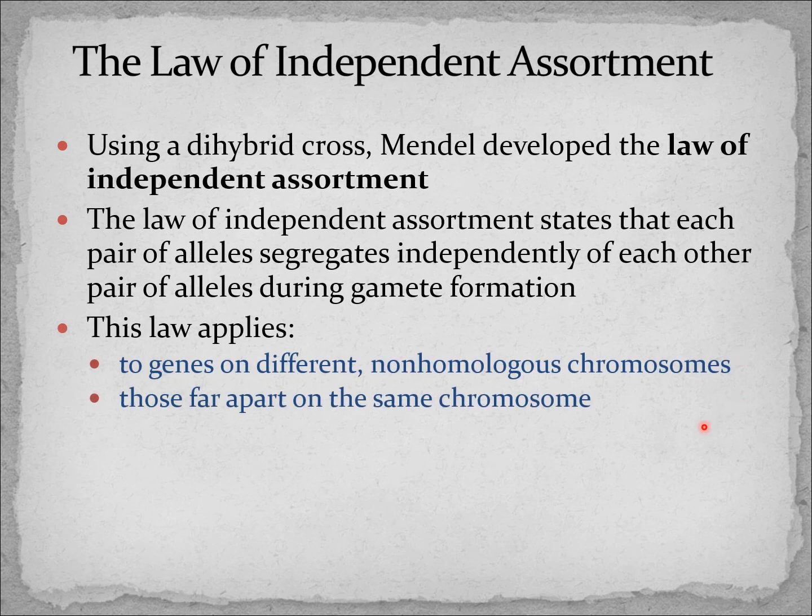This law applies to genes that are on different, non-homologous chromosomes, let's say chromosome 3 and 5, two separate chromosomes that are not homologous. And they must be far enough apart on the chromosome to have a higher chance of being segregated. If they're closer together on the chromosome, there's a much lower chance of them being separated.